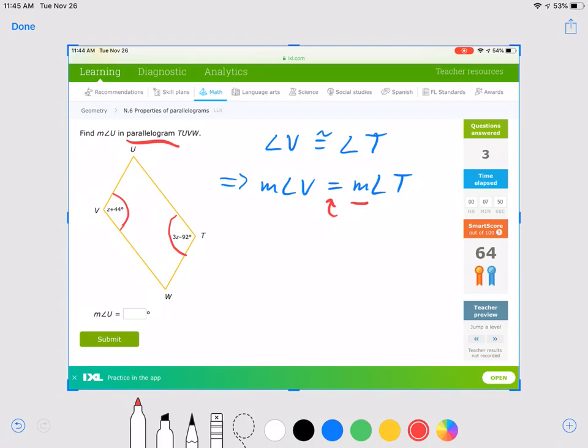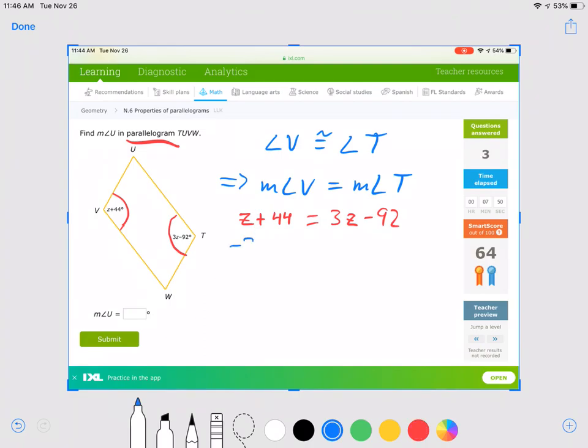Equals is for numbers. The angle is like an object, so we don't use the equal sign, we use the congruent symbol. Just nitpicking. So measure of angle V is associated with this expression, z plus 44, equals 3z minus 92.